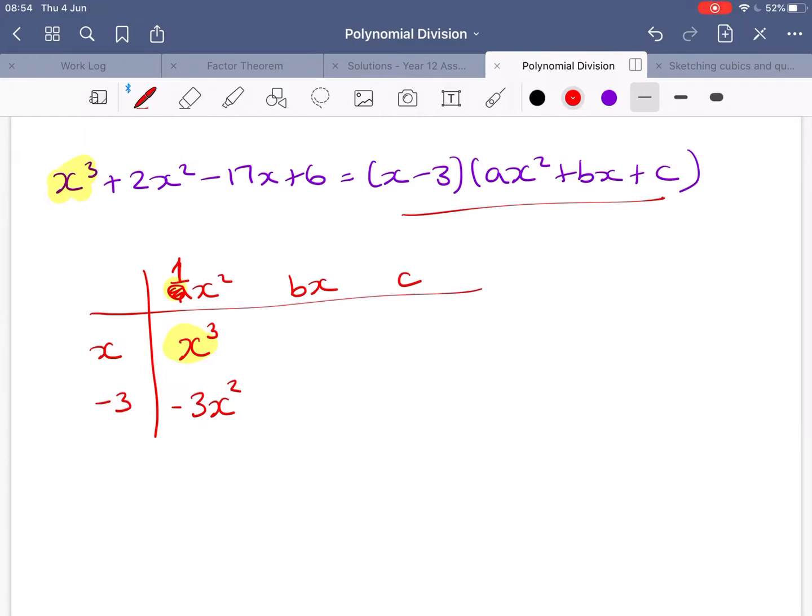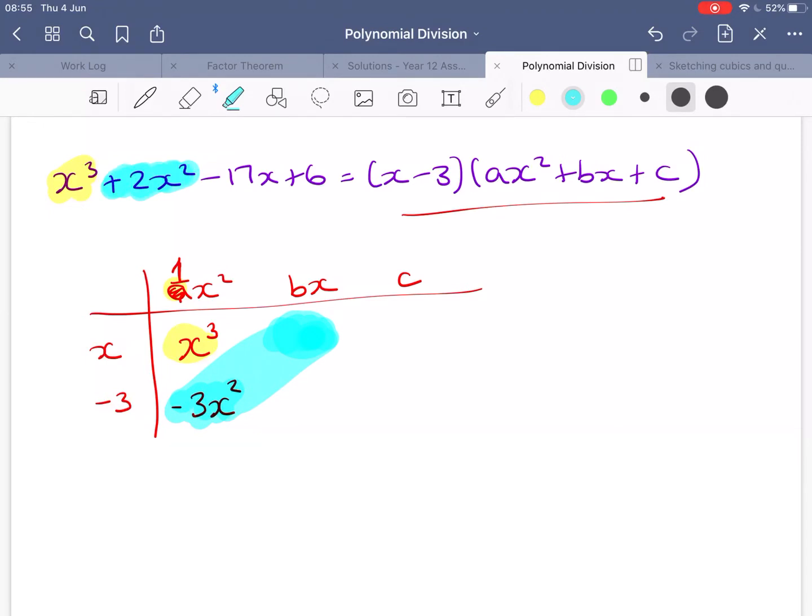Now, I need to work out how many x squareds I need. Well, I actually want 2x squareds in my final answer, and the x squareds always come from this part and from this part, because in this second bit that I've just highlighted, I've got so many x's times x. So these two together have to make my 2x squared.